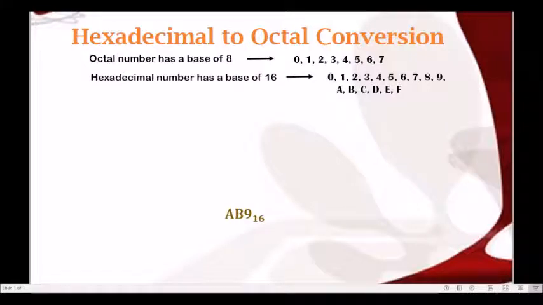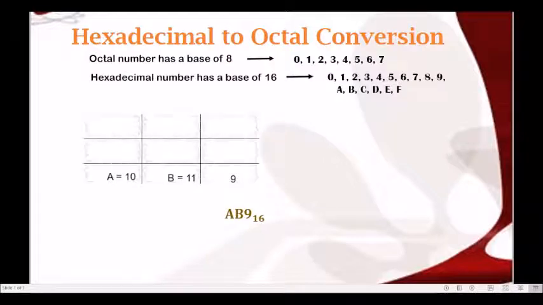Okay, so we have here our hexadecimal number A, which is equivalent to 10, B, which is equivalent to 11, and 9. Next, we are going to form a group of 4 binary digits for each hexadecimal digit.